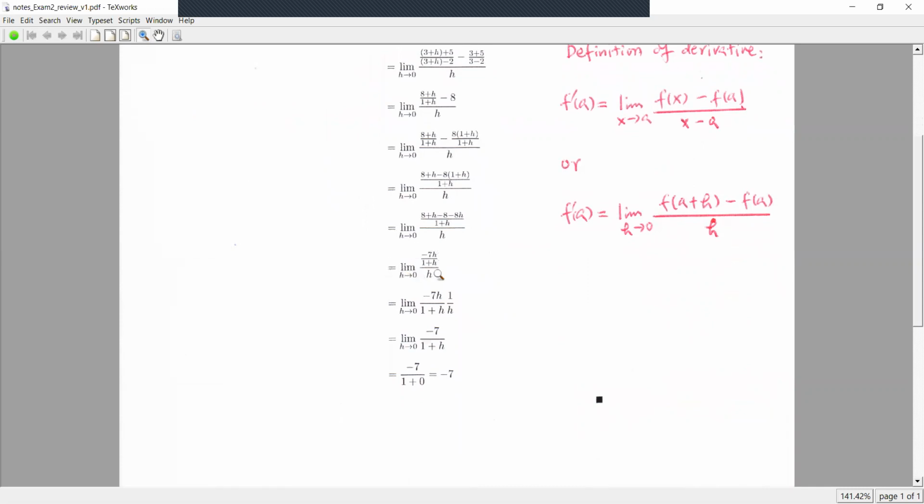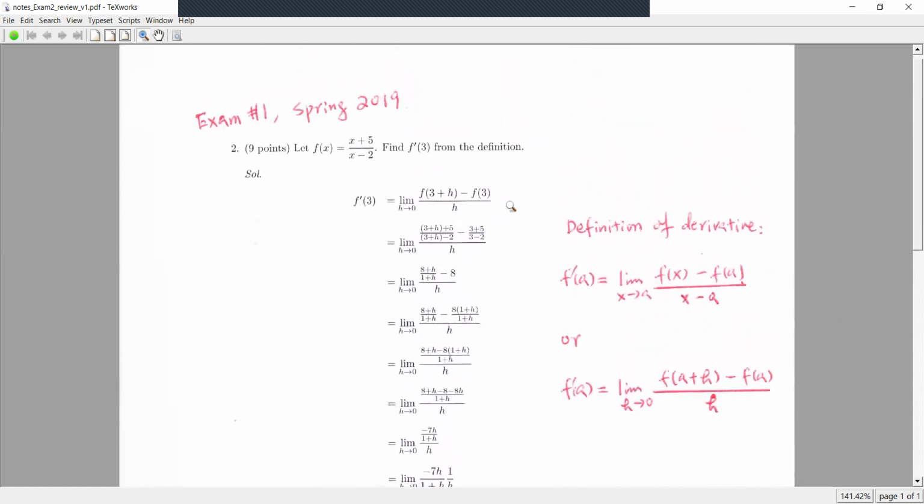Then write this quotient as this quotient times 1 over h. Cancel h, then I have this equation. Now, direct substitution. Plug in 0 for h, then this limit is this number. This number is negative 7. So, the derivative of this function f at the point 3 is negative 7.